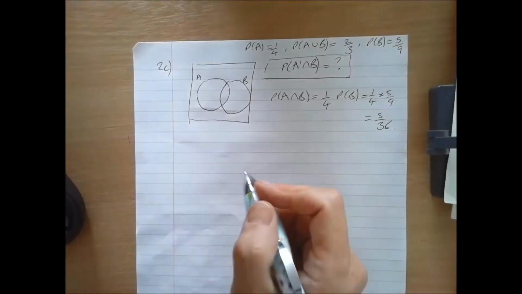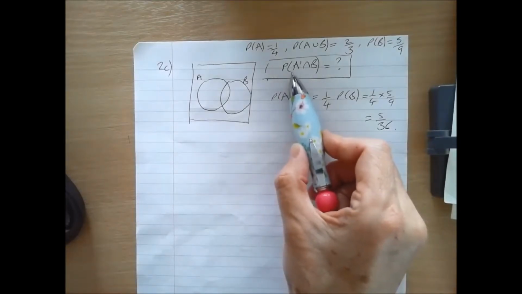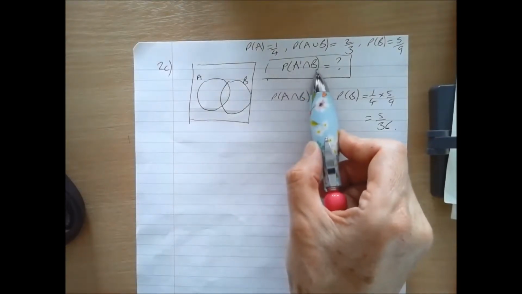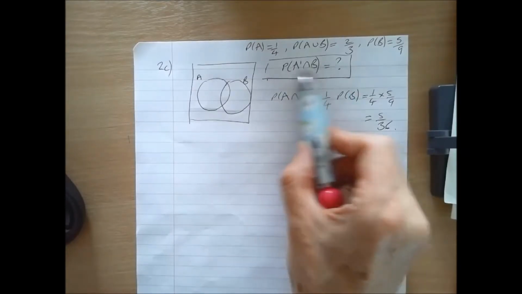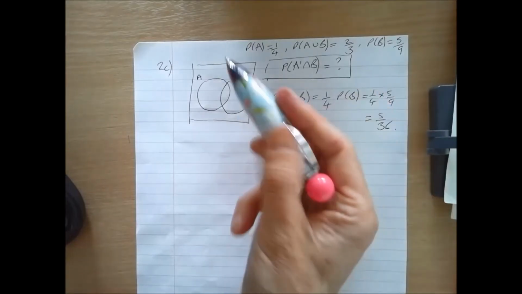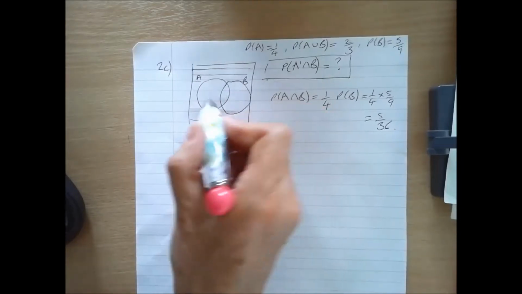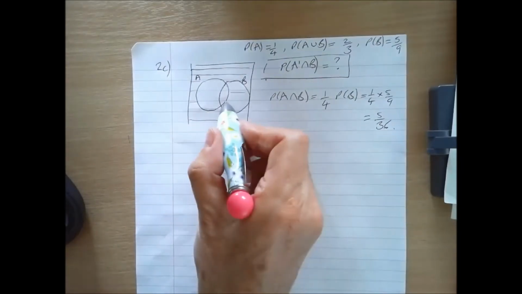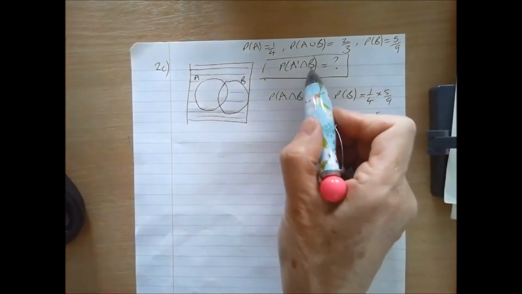So I'm now looking at part C, where I was being asked to find the probability of not A intersected with B. I'm looking at that and thinking, can I identify on the Venn diagram which piece that is? Because if I can, that makes the whole job loads easier. So not A, I'm going to just colour not A and highlight it this way. So anything outside A. And then anything in B, I'm going to go the other way.